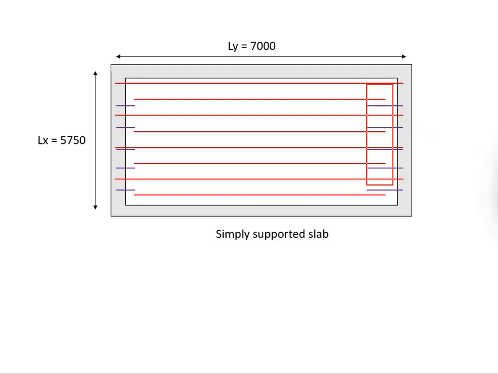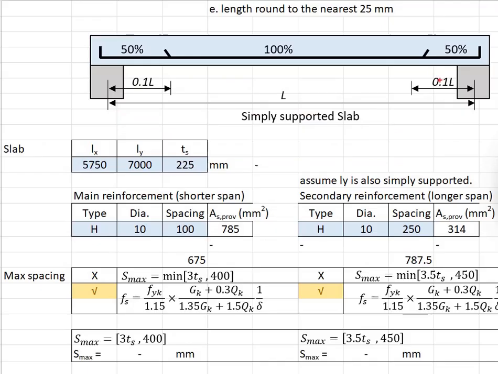Now, if you intend to do the lapping here, in order to ensure full stress is developed, the curtailment of the existing reinforcement at the midspan will theoretically not happen here. It is very likely for you to cut your reinforcement bar somewhere here, so that the lapping length will be sufficient for the stress to fully develop, and starting from this point onward you get 100% of the rebar.